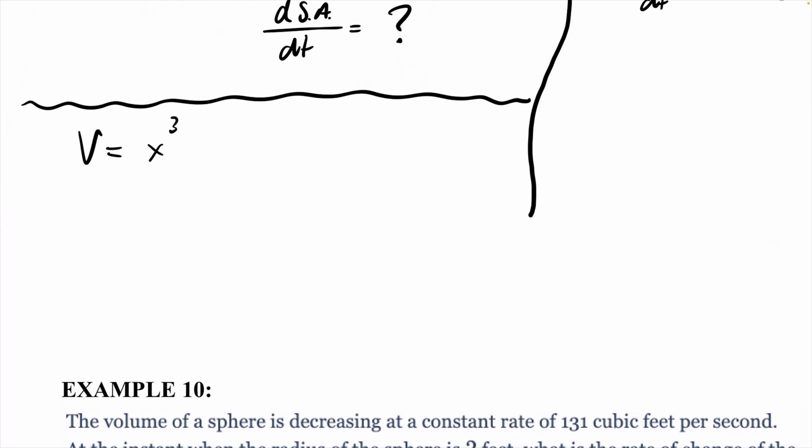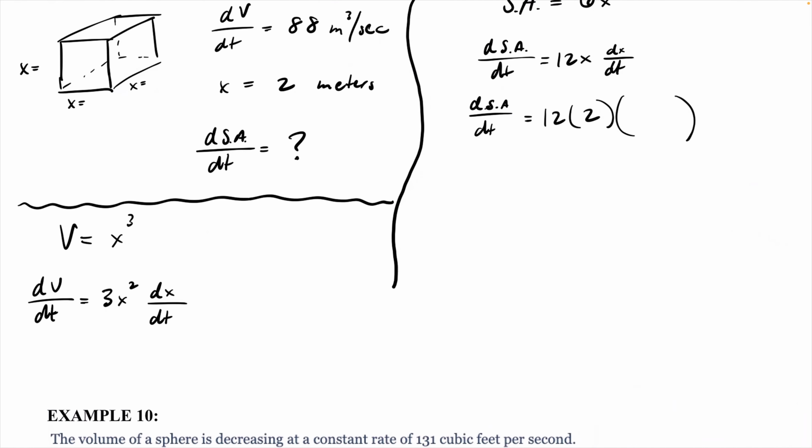Derivative of that, plug it in. dV over dt, I know, 88. 3x squared, I know what x is.